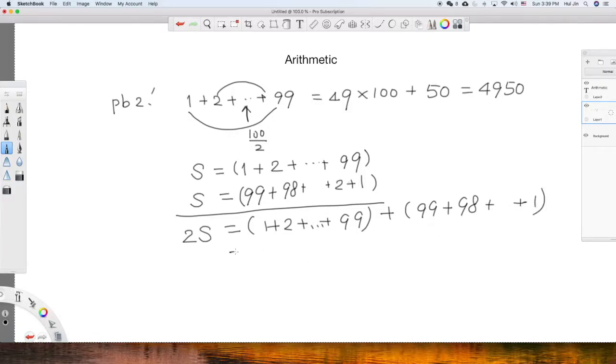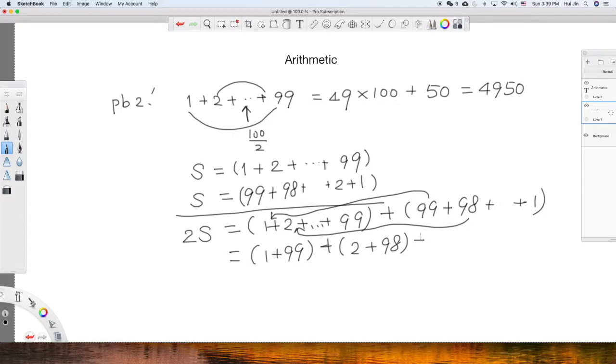All right? And that, using the commutative property and the associative property, equals 1 plus 99, because I'm moving the 99 to the second term, and then plus 2 plus 98, the 98 goes to the fourth term, and all the way to 99 plus 1, which is basically the last two terms add up.